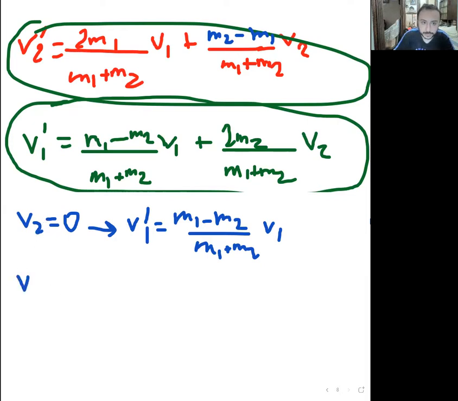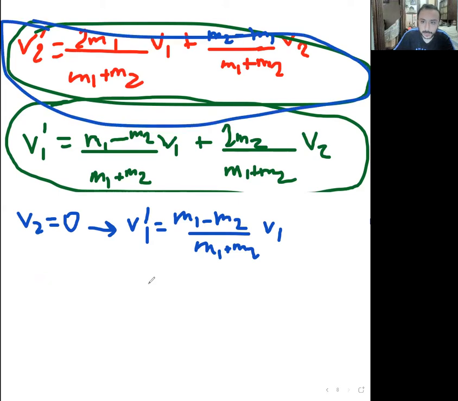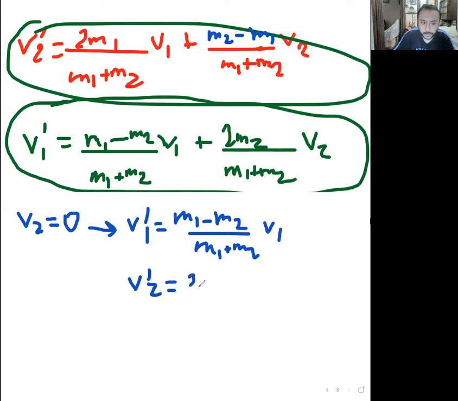And v prime 2, let's calculate it using this formula. It would be 2m1 over m1 plus m2 times v1. So this is a special case. How do I know where the two solids move?